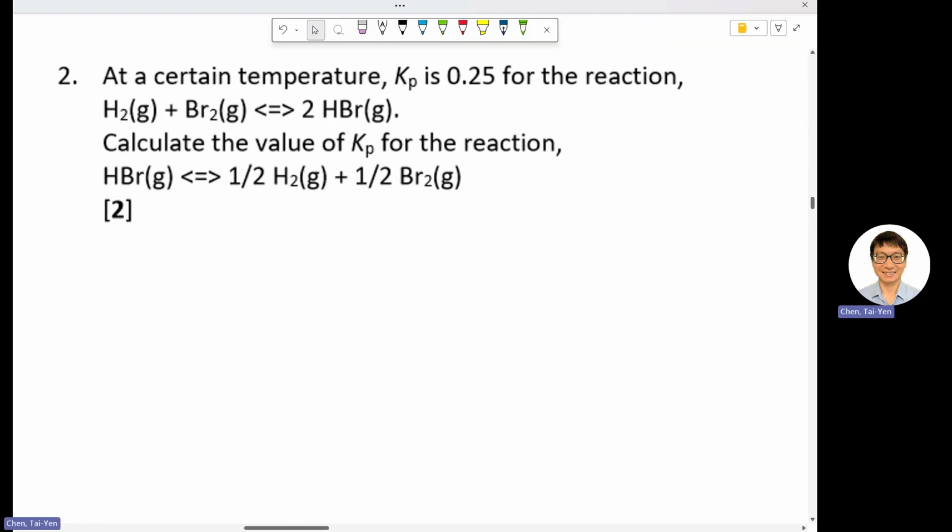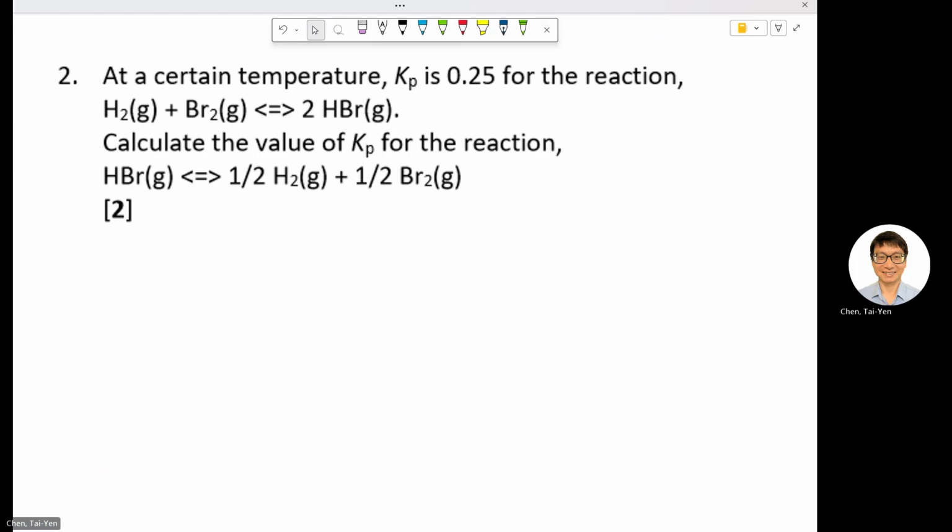This is a typical question when you start to play around with the equations. It says at a certain temperature, the Kp is 0.25 for the reaction below: H2 plus Br2 give you 2 HBr. Calculate the value of Kp for the following reaction.